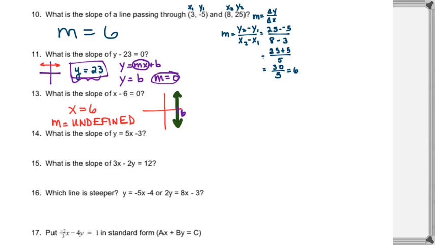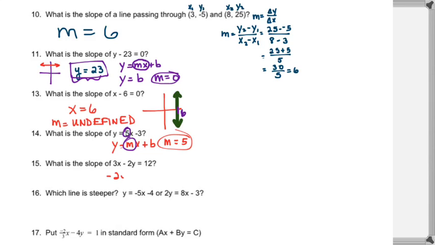The slope of y equals 5x plus 3. That's in the form mx plus b. Slope equals 5. We can just read it straight out of the equation when it's solved for y in that fashion. Number 15, what is the slope of this next equation?